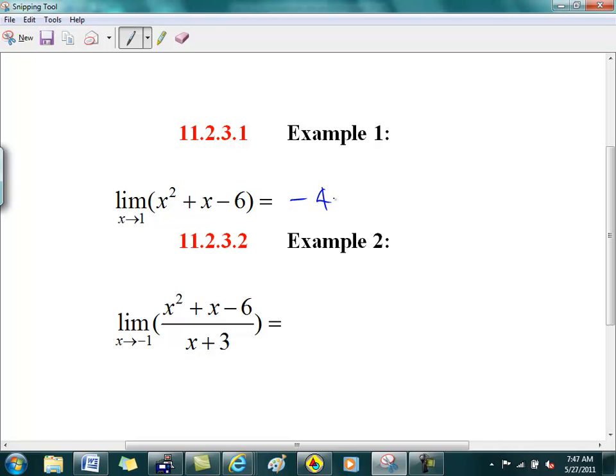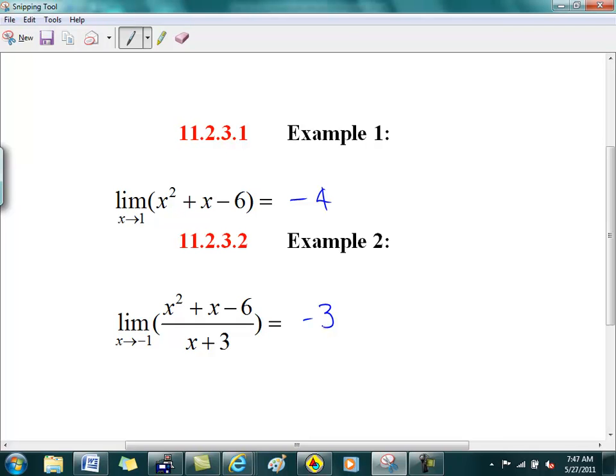Okay, nice try. And then the second one? Beta is getting -3.